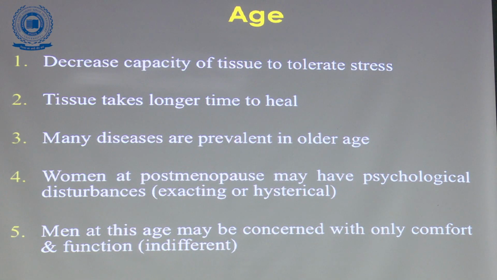Okay, and then age. As the patient grows older, there's always a decreased capacity of tissues to tolerate any type of stress. Not this stress. Okay? Now if you're placing a denture on tissue, you have to know this patient is old, his tissues are fragile. So keep that in mind, because what are you doing examination for?